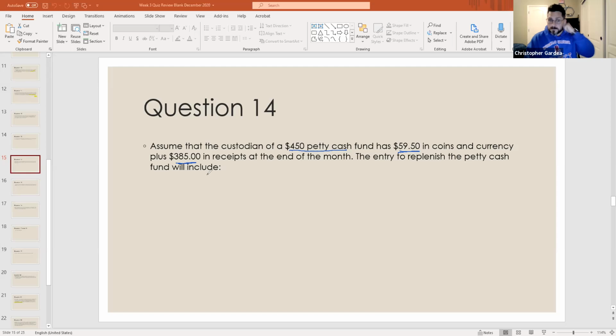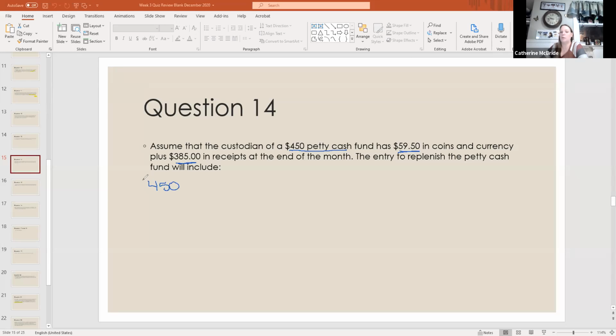So basically, we want to replenish the petty cash fund. So we have a petty cash fund of $450. And we have in that box $59.50 in coins. $390.50.